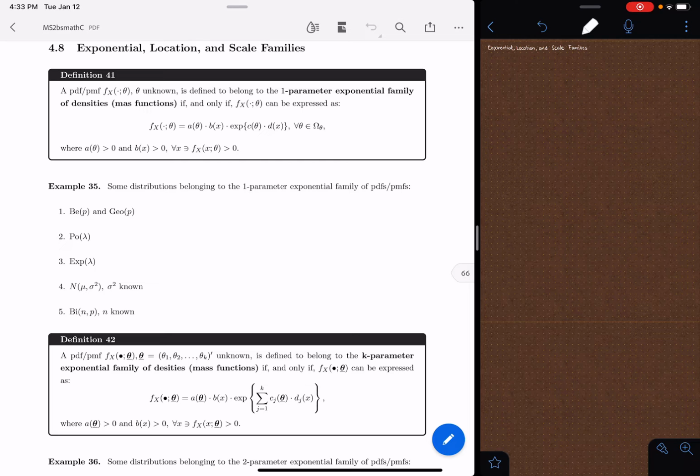So let's show number 1, in particular the Bernoulli distribution.